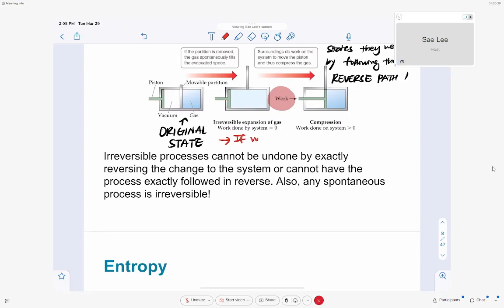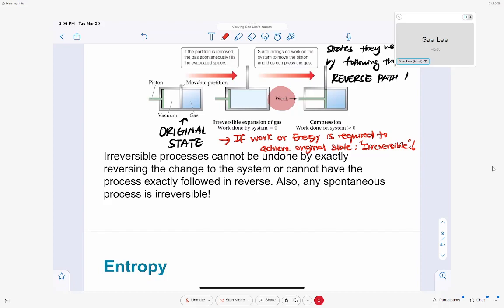If work or energy is required to achieve the original state, that process is considered irreversible. Irreversible process.